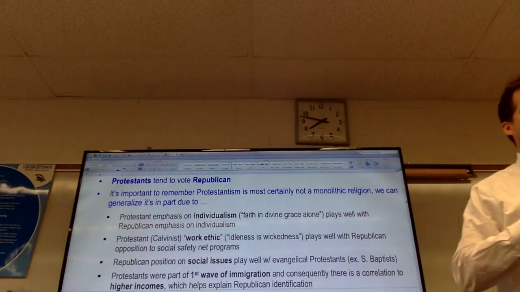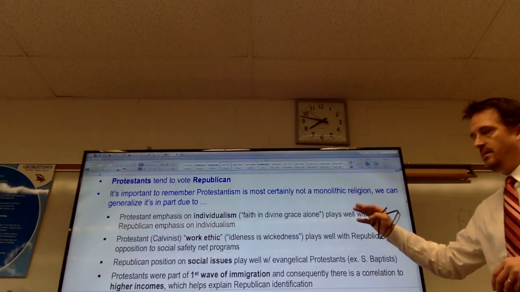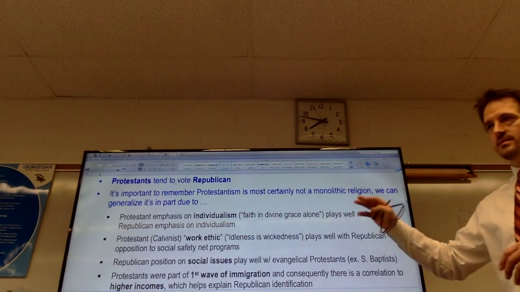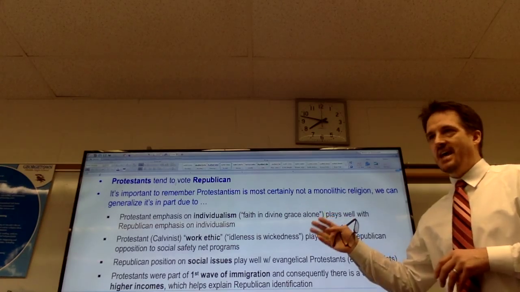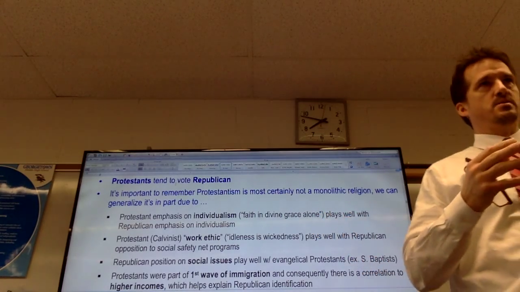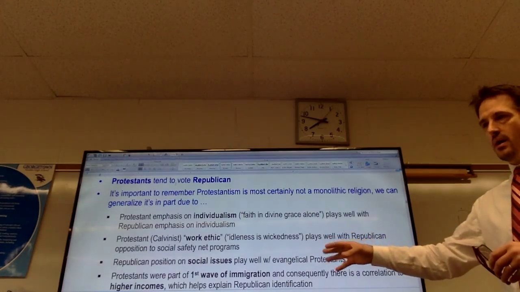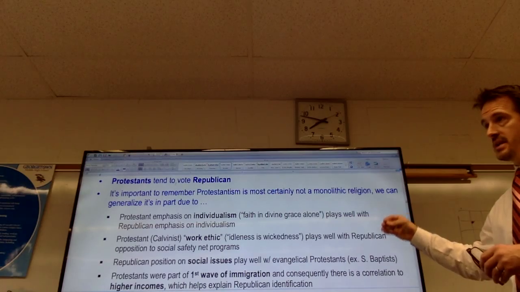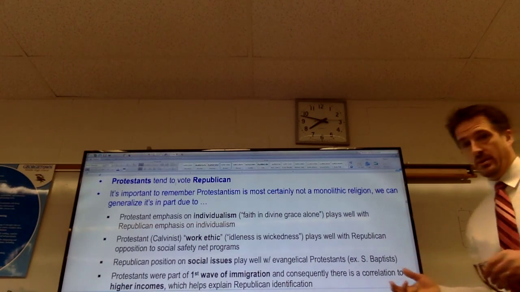Again, they had the first kind of inside track on upward mobility. So Protestants tend to be a little more wealthy. I suppose I qualified that 15 ways as I said that. But there's a correlation between Protestantism and wealth, and that explains, again, people tend to vote the pocketbook, why they would associate with the Republican Party.